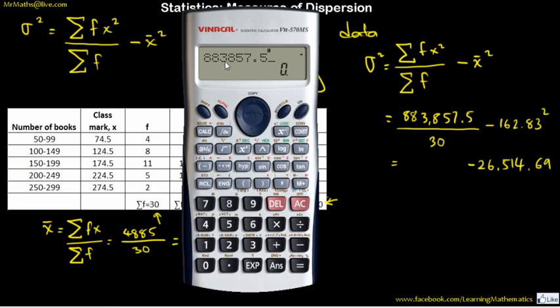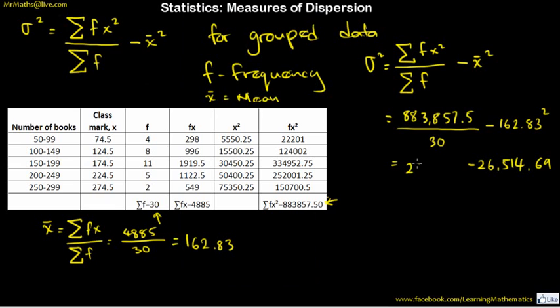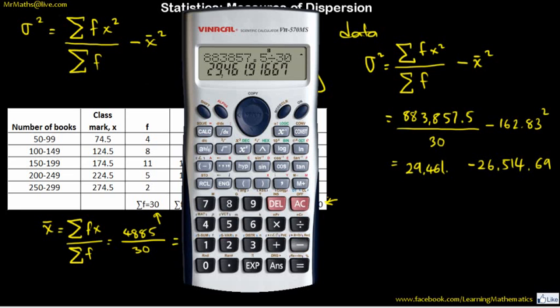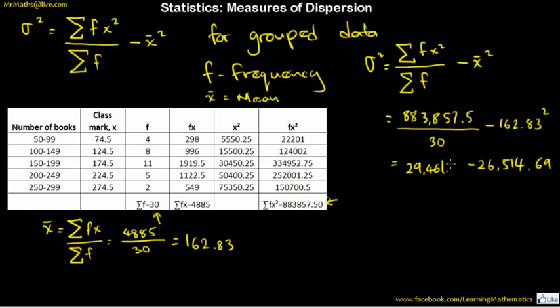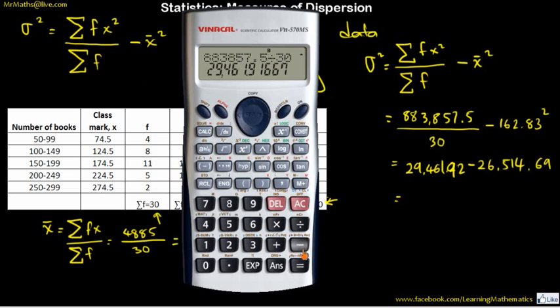Okay, 883,857.5 divided by 30. That's the number, 29,461.92. Then minus 26,514.69.